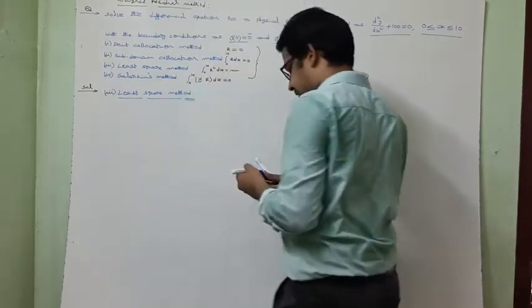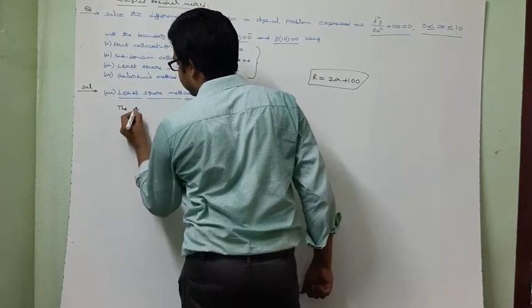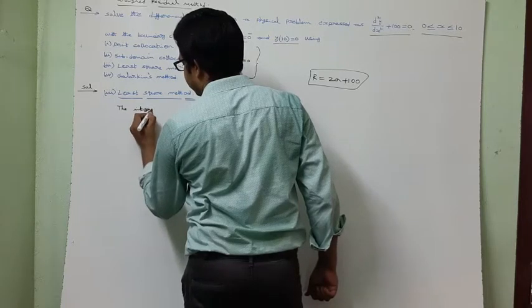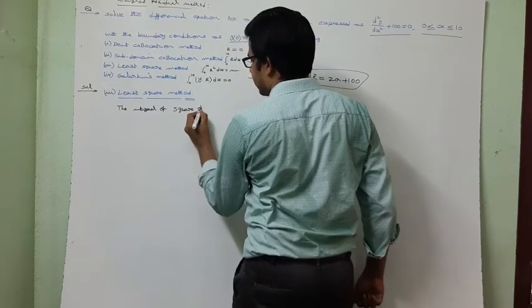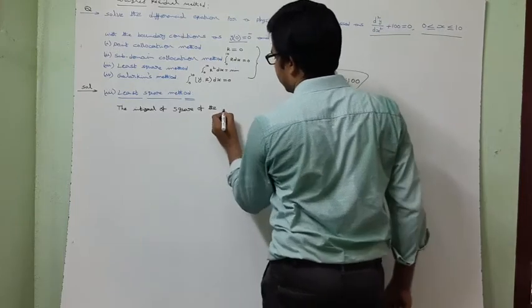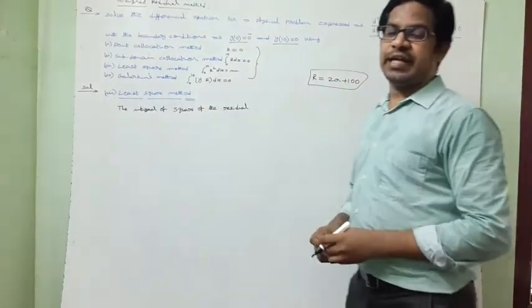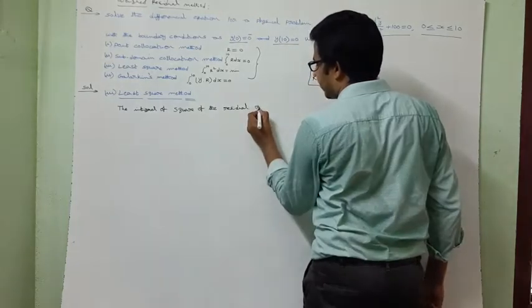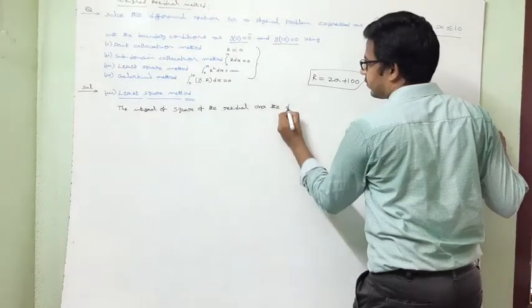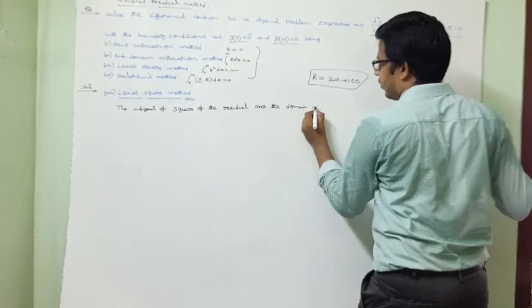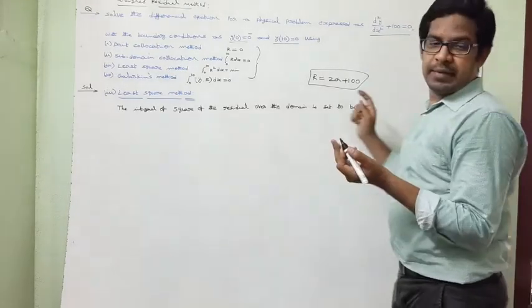Here the integral of the square of the residual over the domain is said to be minimum.